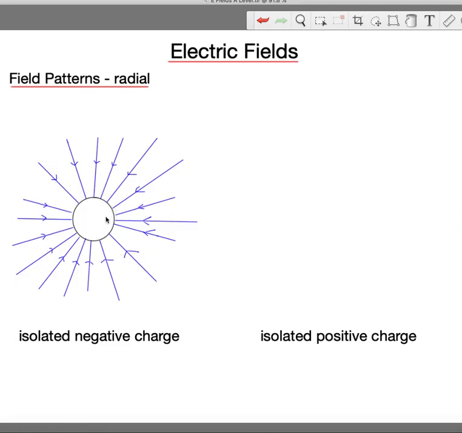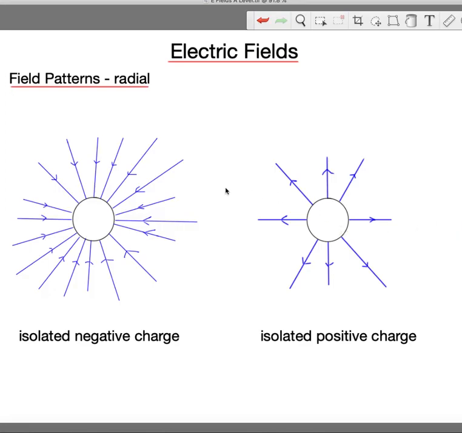This is a negative charge, and so a positive +1 or any positive charge would be attracted towards this, and so the field lines are coming in towards the negative charge. But if we had an isolated positive charge, well, that looks like this, because if I put a positive charge here, it would be repelled from this positive charge.